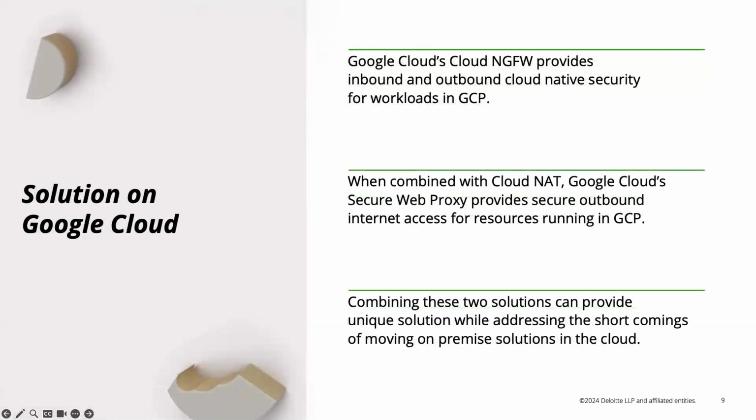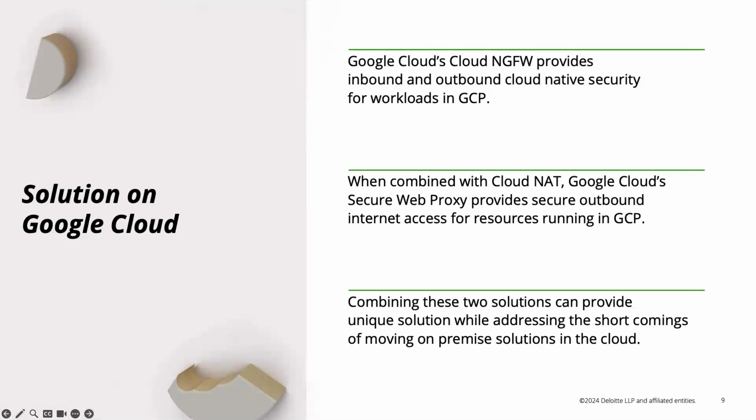So if we combine these two things, the NGFW with the secure web proxy, we come up with a solution. And so you're getting the inbound and outbound filtering, right, for the Tor nodes and the malicious exit points, stuff like that, as well as blocking countries.